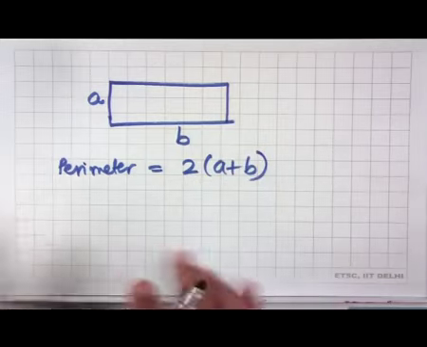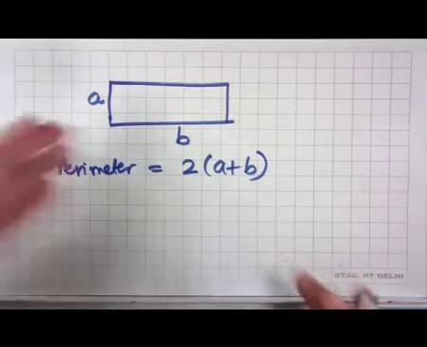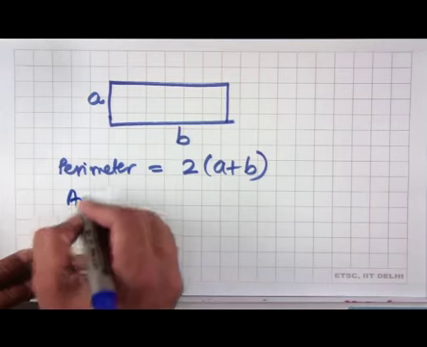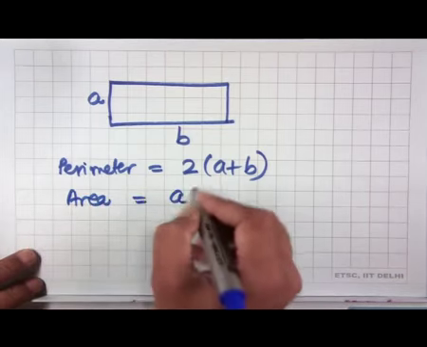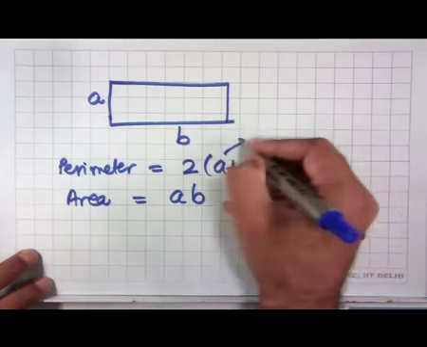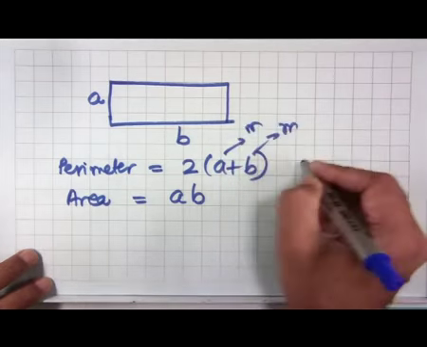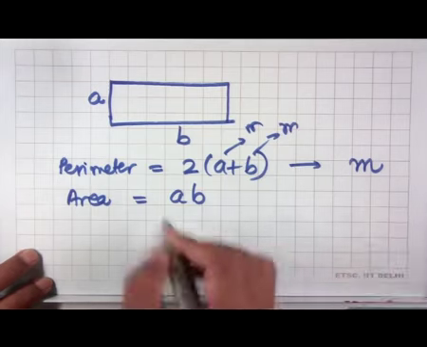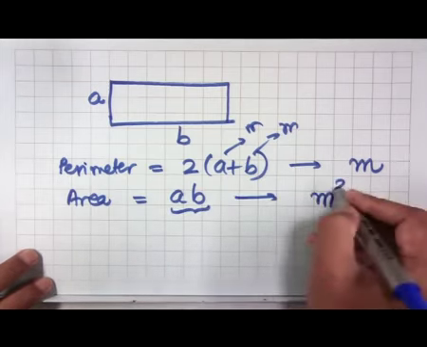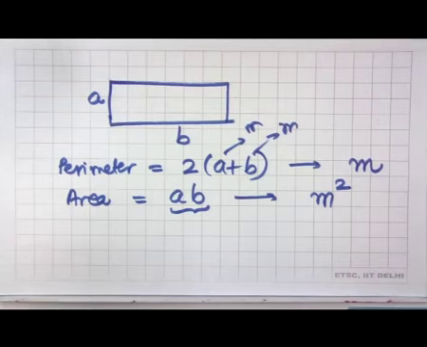So, we are adding up the two scalars here, the two lengths A and B. If we look at the area, then the area is equal to A times B, and here if A and B are in meters, then perimeter is also in meters. But if we look at the area A times B, then the unit of area will be meter times meter, which is meter square.